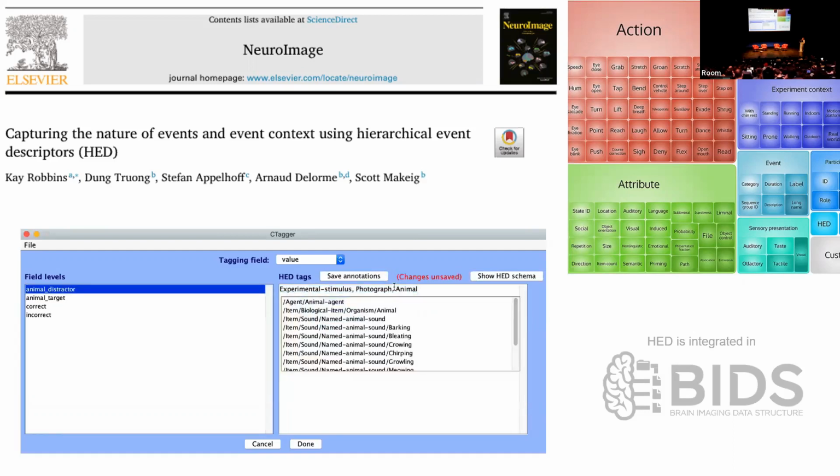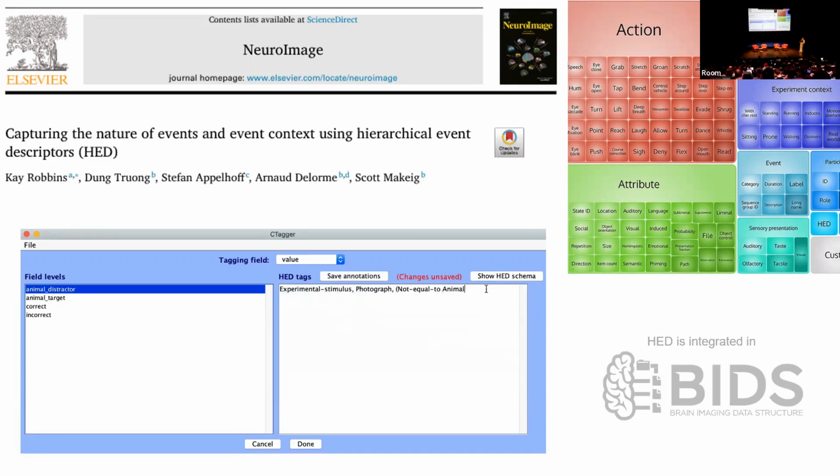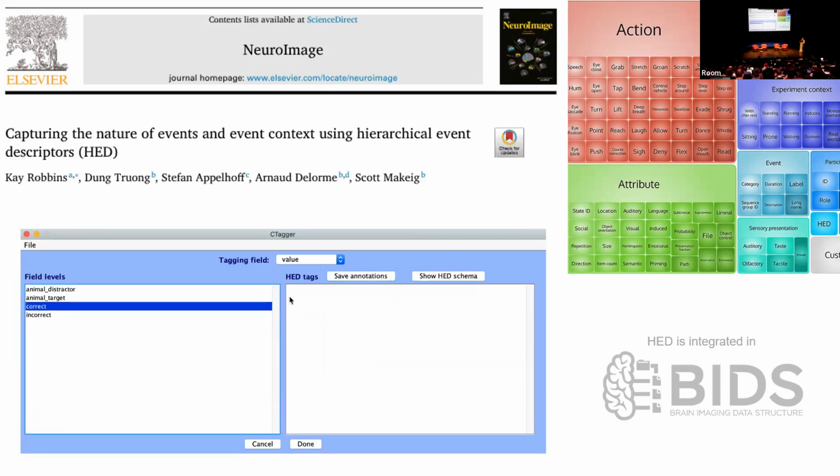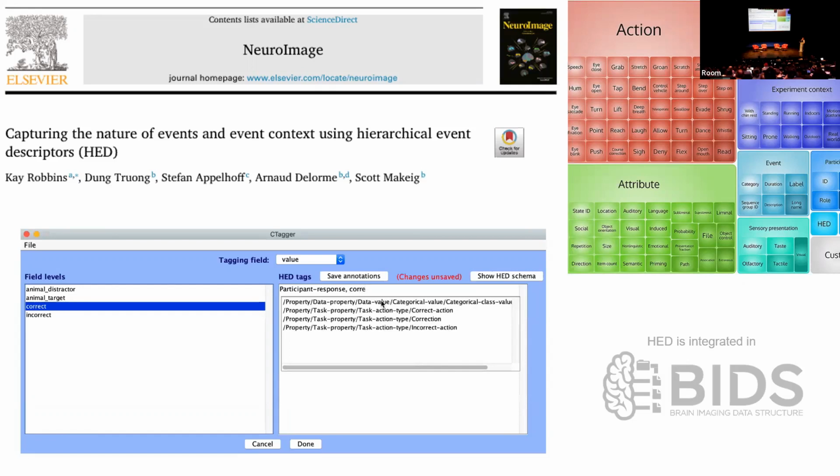So if you want to use automated pre-processing pipelines and AI, for example, it's basically impossible if you don't have those annotations. It's also trying to create a universal language of the events.